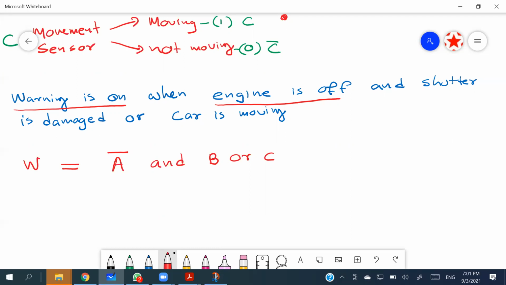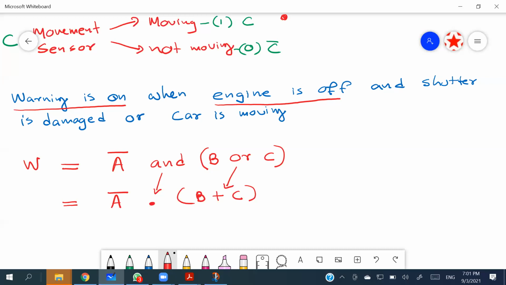Right? So that means this B or C, one of those or both should happen when the engine is not on. Right? So that gives you the final answer, which is A bar dot B plus C, because OR can be indicated by a plus, and AND can be indicated by a dot.